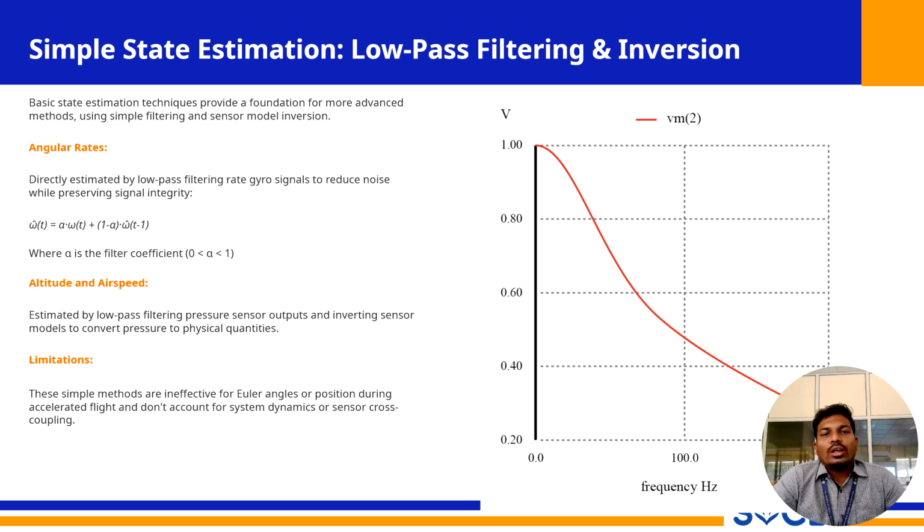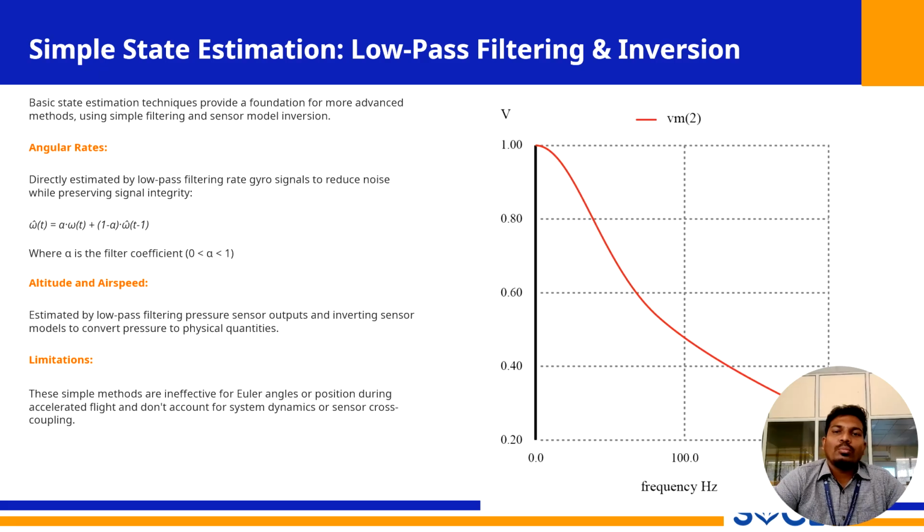A simple filter cannot correct the inherent drift of a gyroscope, so it cannot be used to accurately track attitude over long periods. Similarly, it cannot accurately estimate position by integrating acceleration, especially when the MAV is maneuvering.